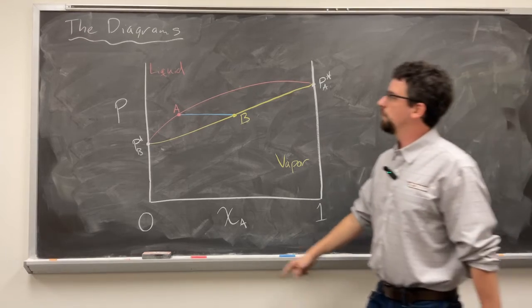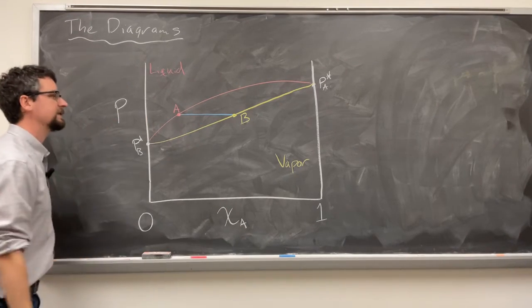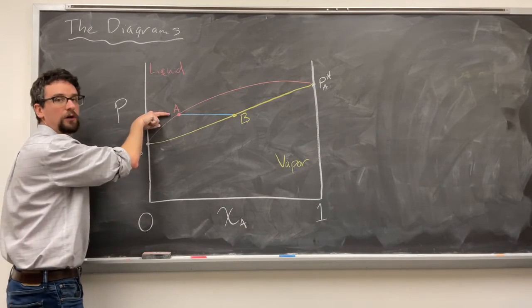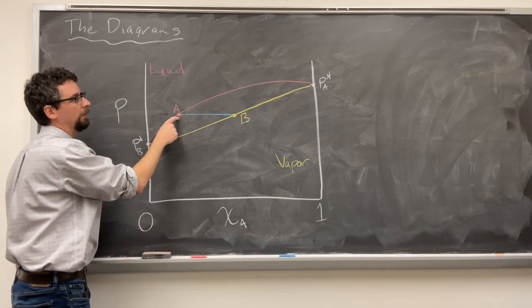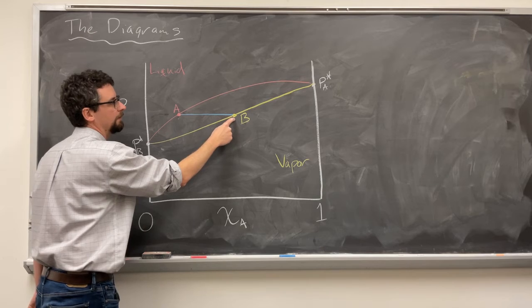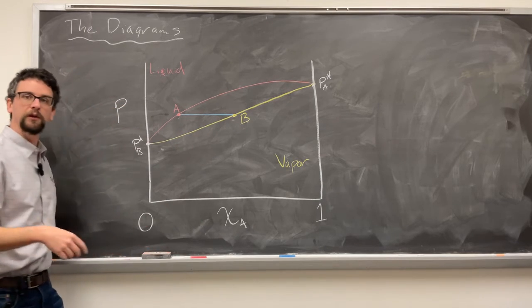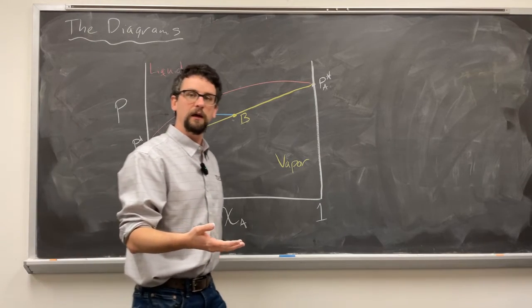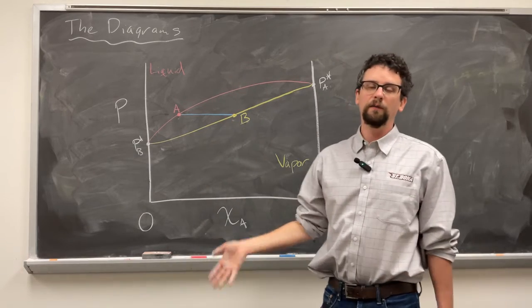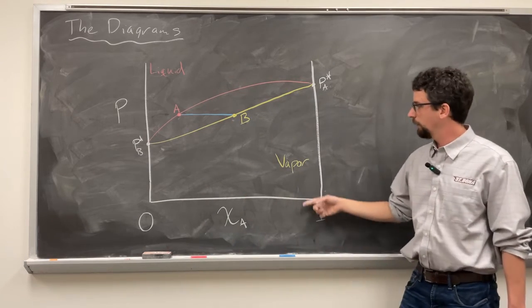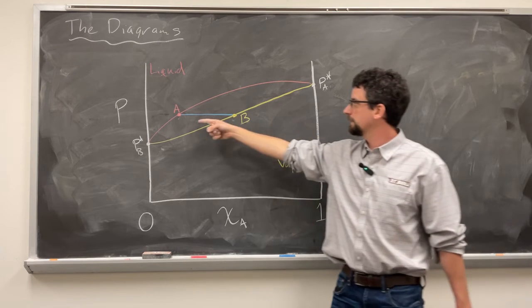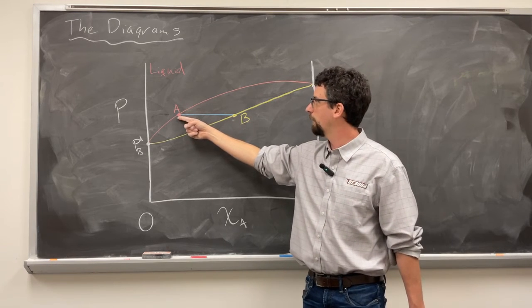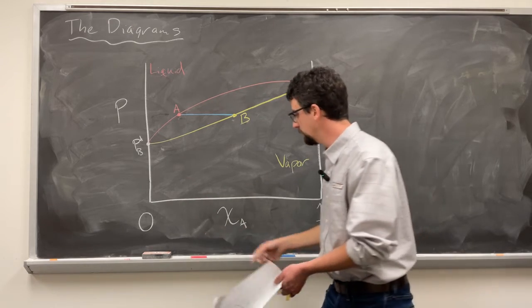Okay, so utilizing this, if we knew the vapor pressure of our mixture, let's say it was at point A, we'd be able to know the pressure of our vapor. And from that, we'll be able to know how much vapor, or the mole fraction of the gas above the liquid, how much of it is A. And then if we consider the mole fraction in the liquid, we'll know that too.